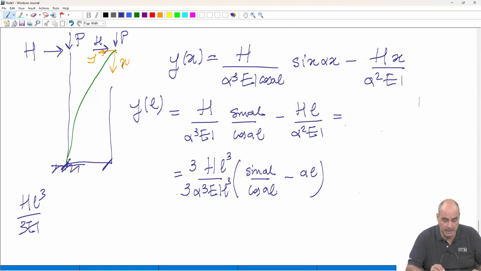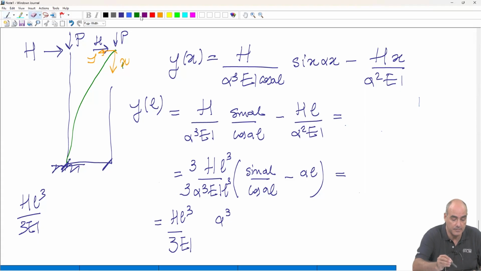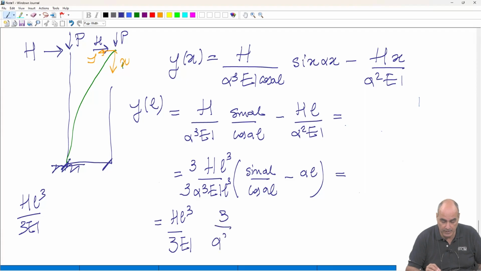If I multiply and divide by 3, nothing changes. So I can write this as h L cube over 3 ej, times 3 over alpha cube L cube, times sinus of alpha L over cosinus of alpha L, minus alpha L.